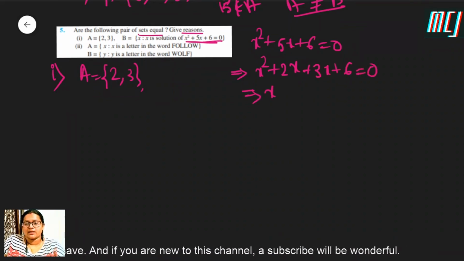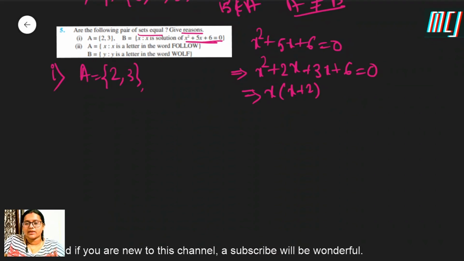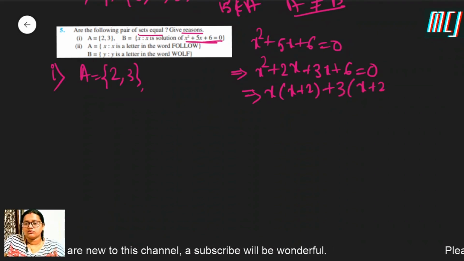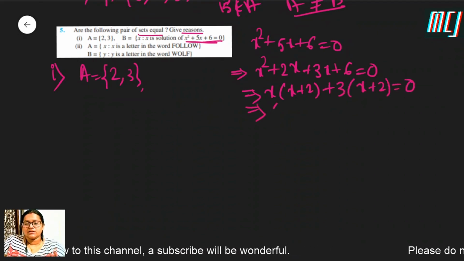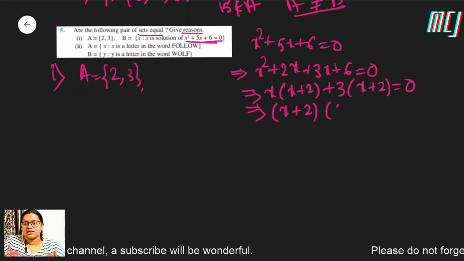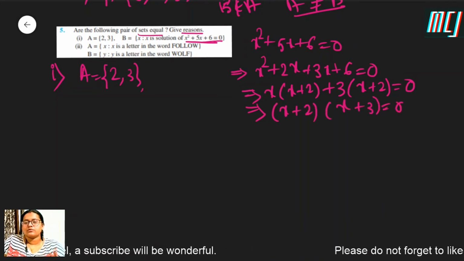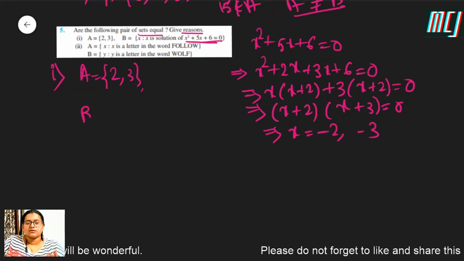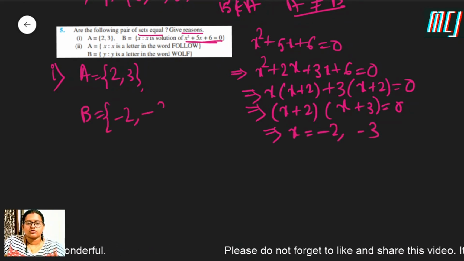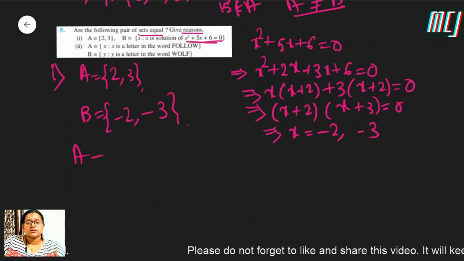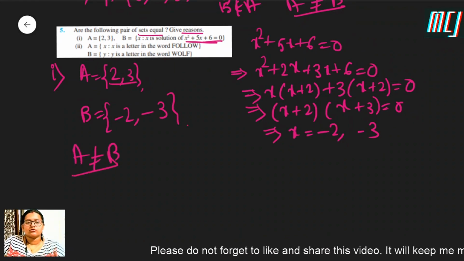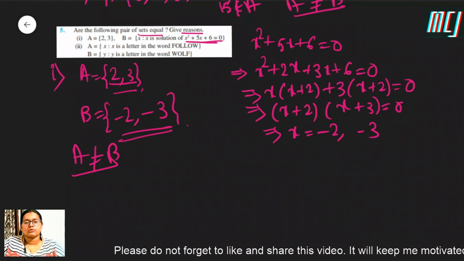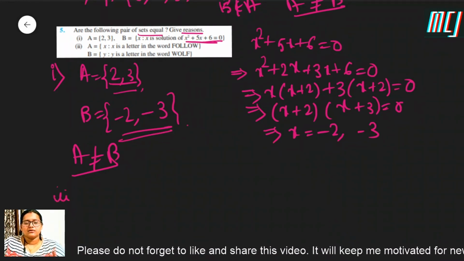So x into x plus 2 plus 3 into x plus 2 equals 0, that means x plus 2 into x plus 3 equals 0. So x equals minus 2, minus 3. B becomes minus 2, minus 3. A is not equal to B, because A has 2, 3 and B has minus 2, minus 3.